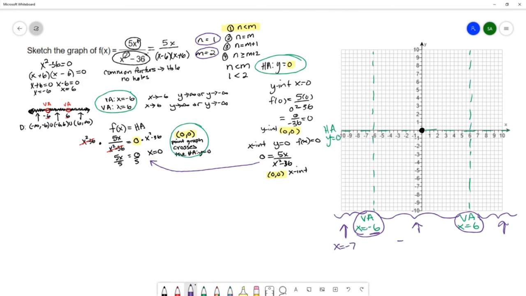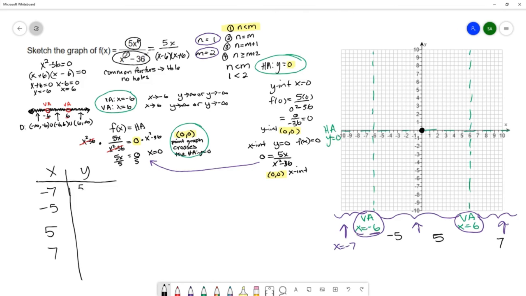Actually, it might be easier if I choose -5 and +5. And then in this last section, I need to pick a number that's greater than 6, like 7. So I'm going to pick these values for my x's: -7, -5, 5, and 7. We're going to substitute it into our function to get the y value.